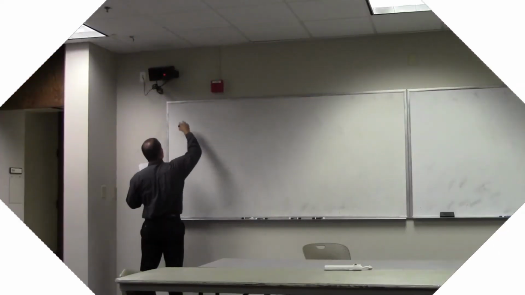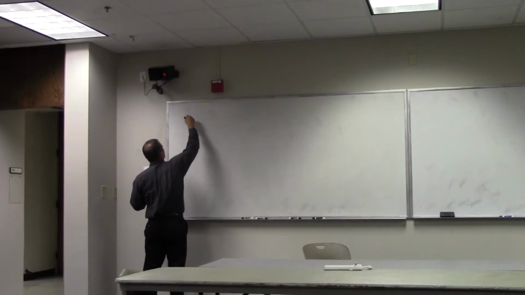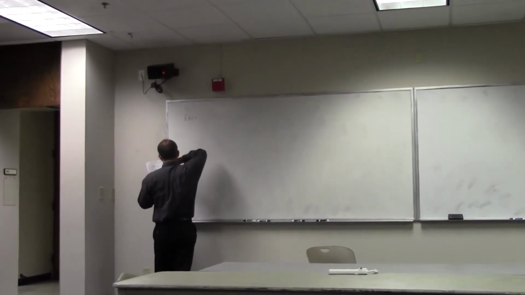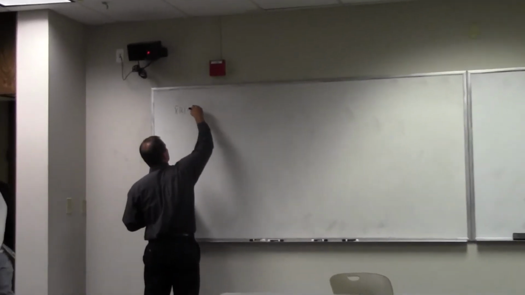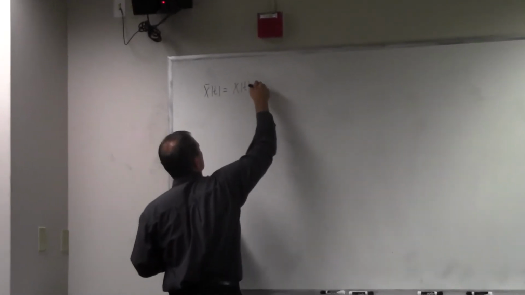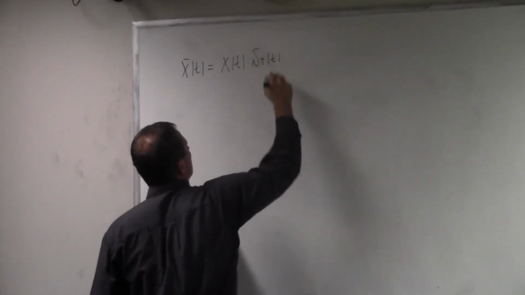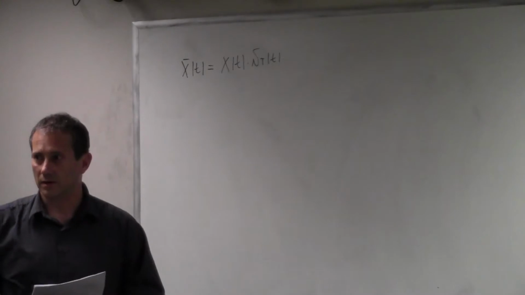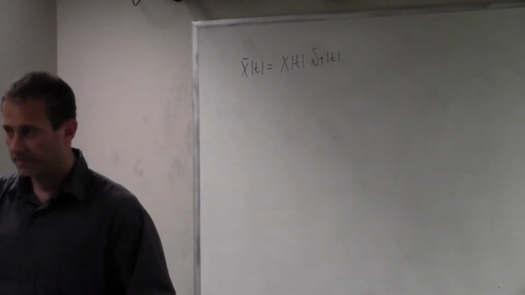Sampling theorem, saying x of t is equal to x of t times delta T of t, and using the frequency convolution property.